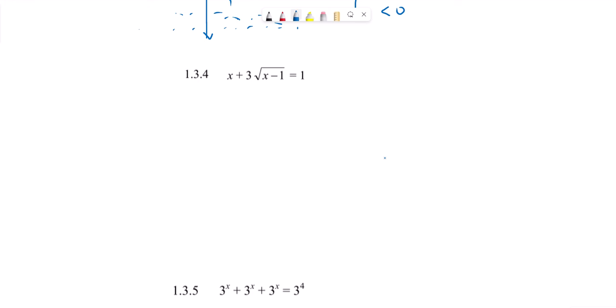So I'm going to say x minus 1 is the same as negative 3 square root of x minus 1. So I brought this 1 here, and the 3 and square root of x minus 1 to the other side. Now to remove the radical, you simply square.